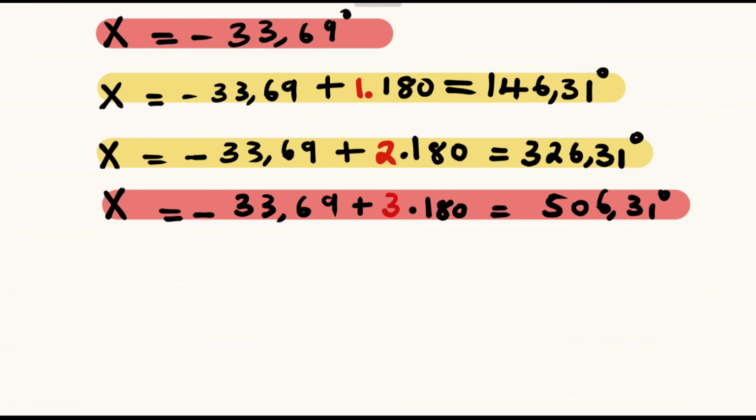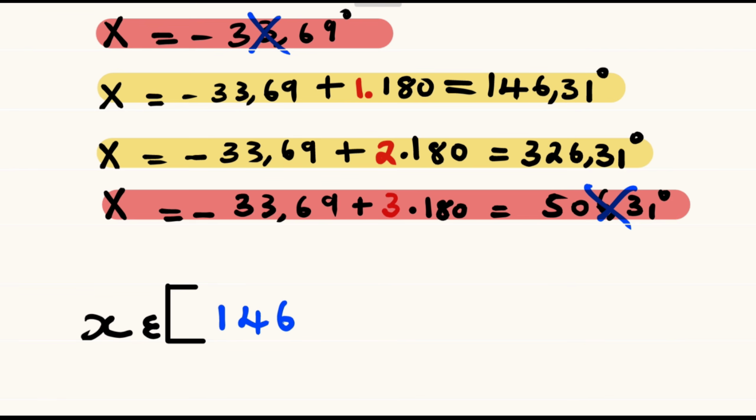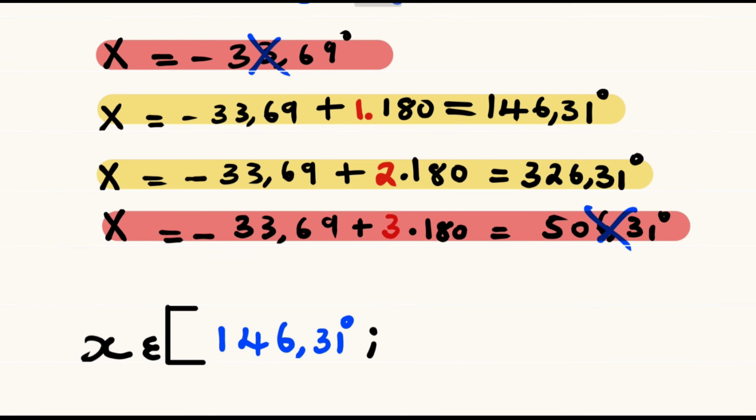So those ones are not between 0 and 360. So our x will be an element of 146.31 and also the 326.31. And this will be our answer for this question.